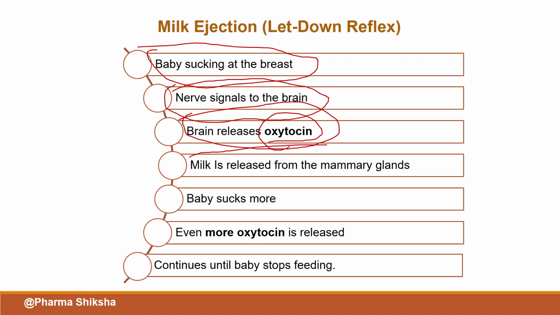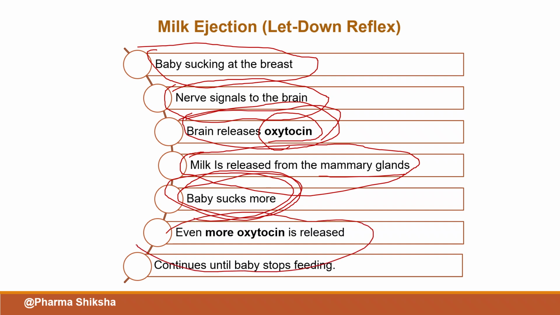Once the hormones are released, the milk will start flowing from the mammary gland. Once the baby suckles again and again, more oxytocin and prolactin will be released. So the process continues, the baby gets the milk and the hormone release keeps increasing, higher and higher. That is why it is another positive feedback mechanism.